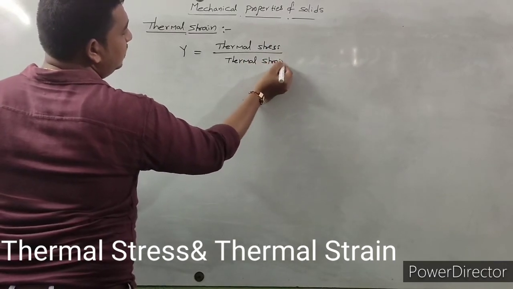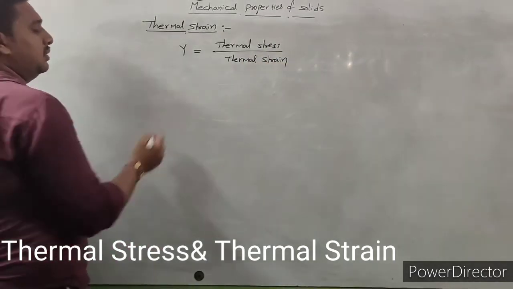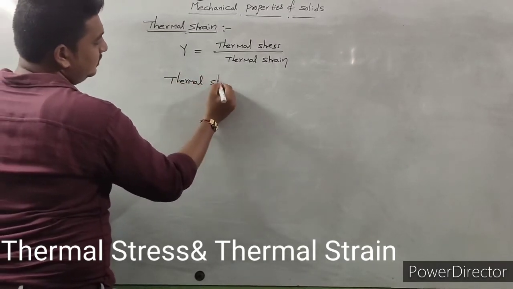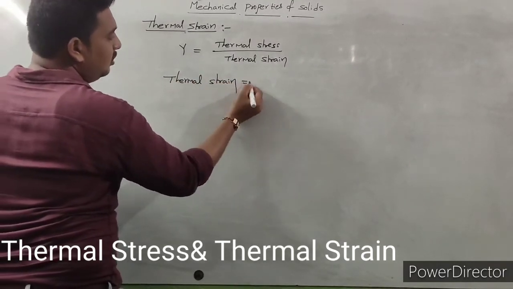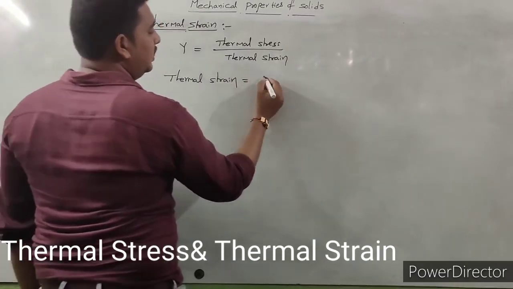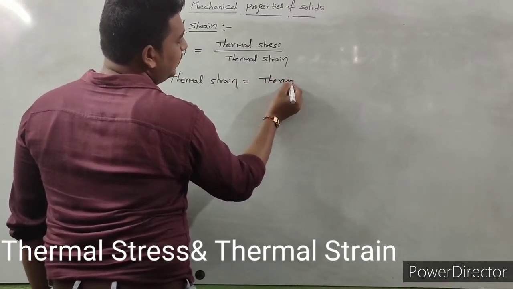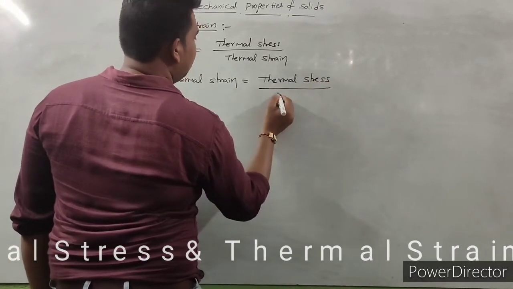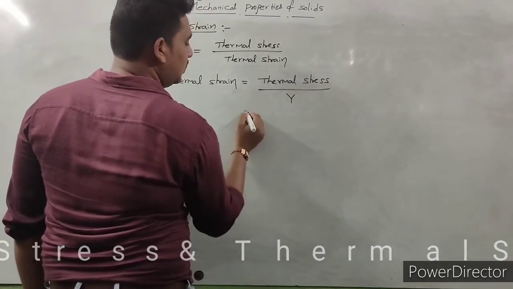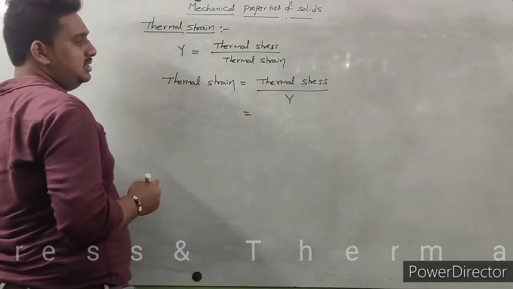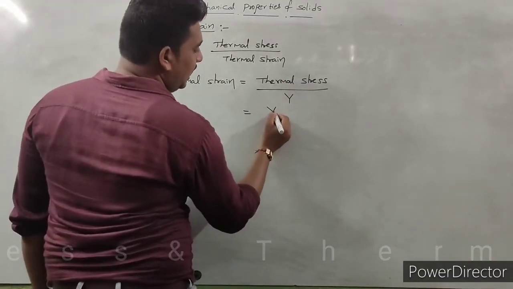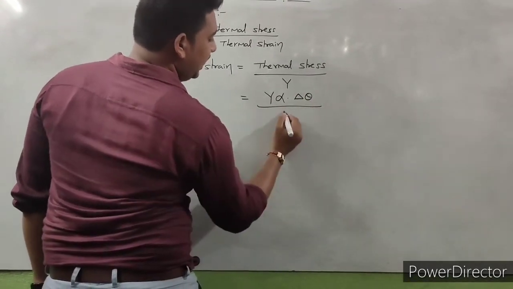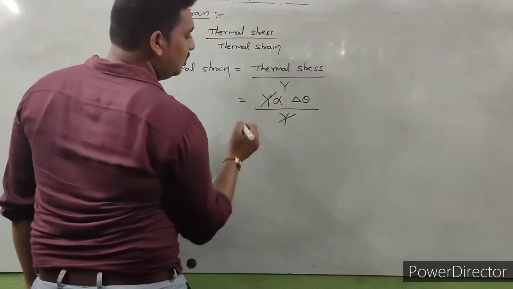So thermal strain is equal to thermal stress by Young's modulus. We already know thermal stress is Y alpha into delta theta, divided by Y, so Y is cancelled.